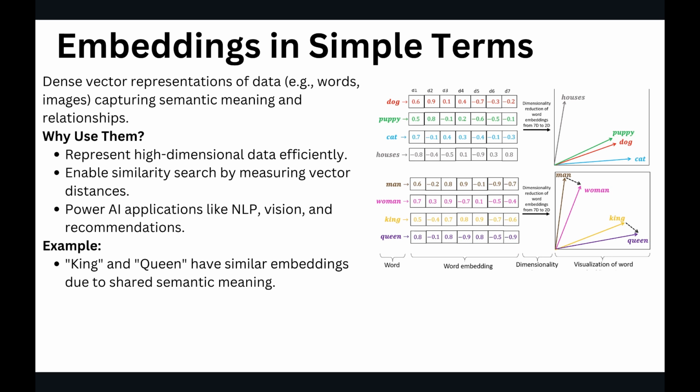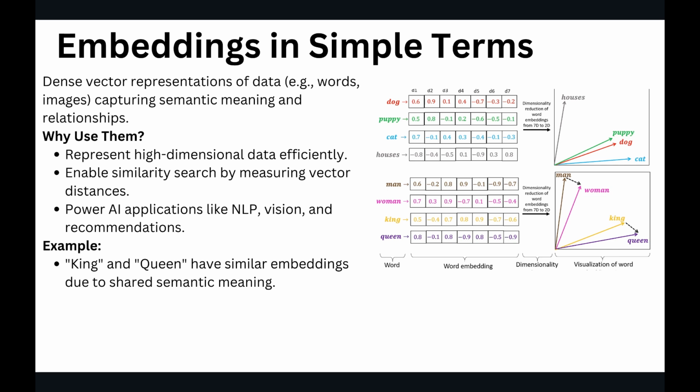So what are embeddings in the case of NLP, or natural language processing? Embeddings are nothing but vector representations of words and different kinds of data. Images can also be represented using embeddings.